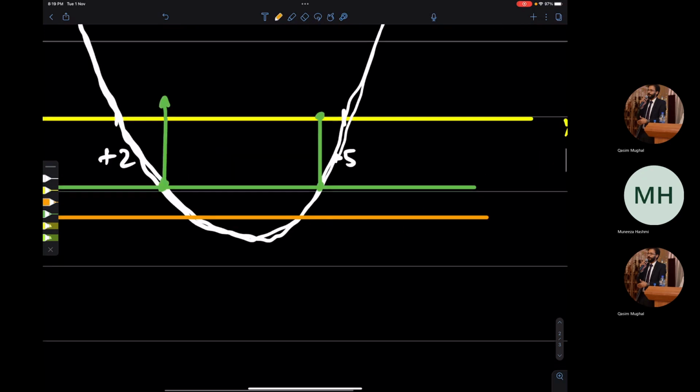Now this one is intersecting over here, and over here. Now, whatever the solution is, it is greater than positive 2. And if you check from the other side, whatever the solution is, it is less than positive 5, isn't it?